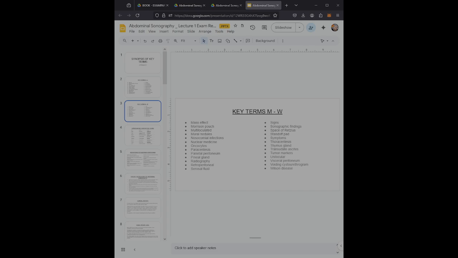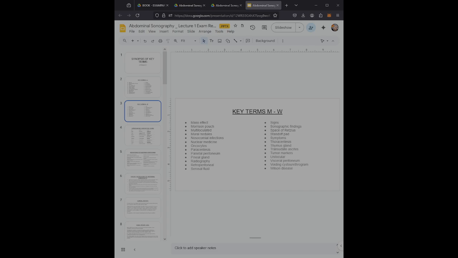Morison's pouch. This is a space between the liver and the right kidney. We also refer to this as the posterior right subhepatic space. Multiloculated, meaning it has many cavities. Mural nodules, these are small solid internal projections of tissue that originate from the wall of a cyst.